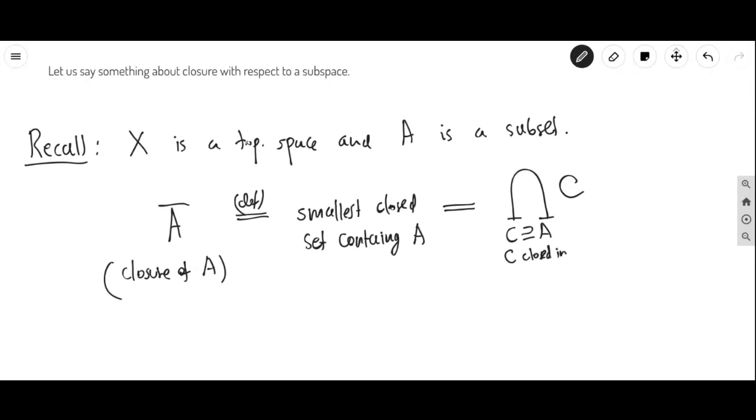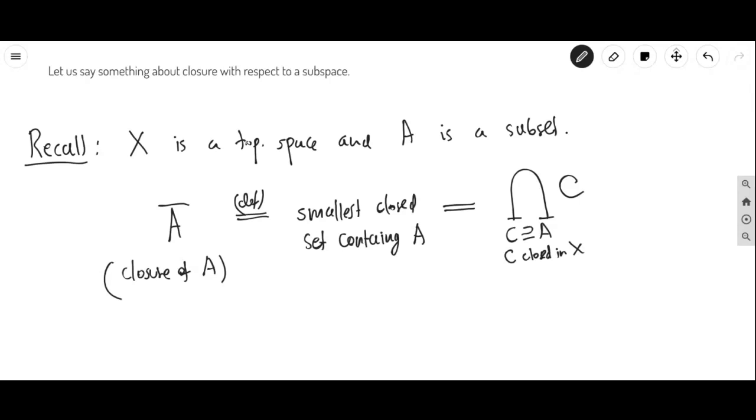This is closed in X, of course. So that's the definition of closure. There are different ways to define it. As I said, if you open up Munkres or any other book, you might see it defined differently. But whatever definition they're using, it's going to be equivalent to this one. So they're not really saying anything new. It just looks different.